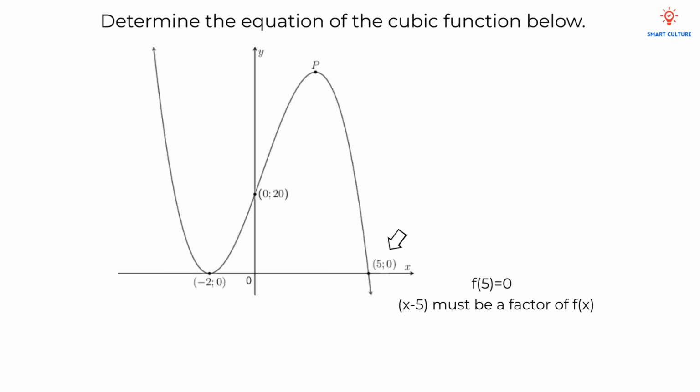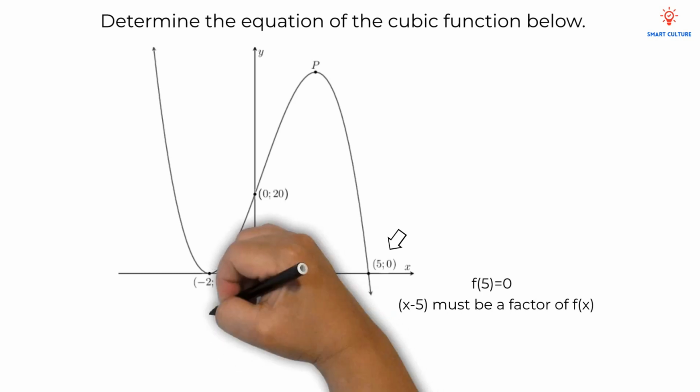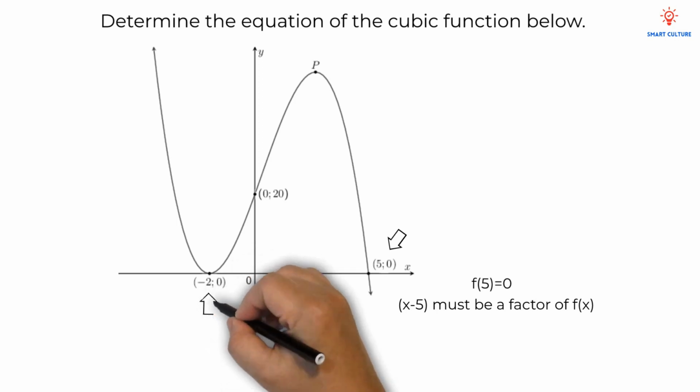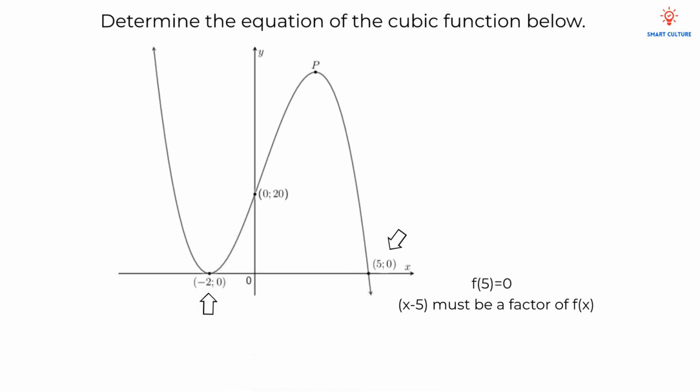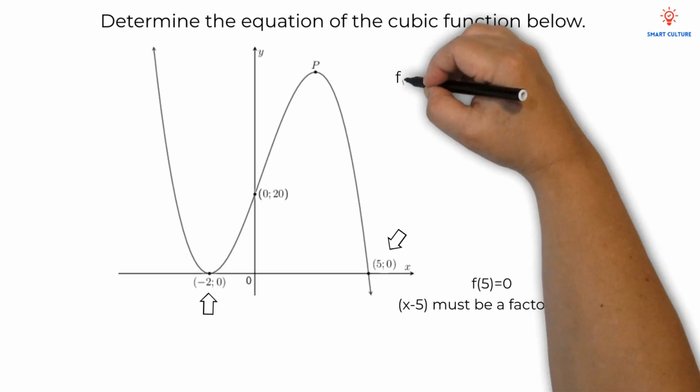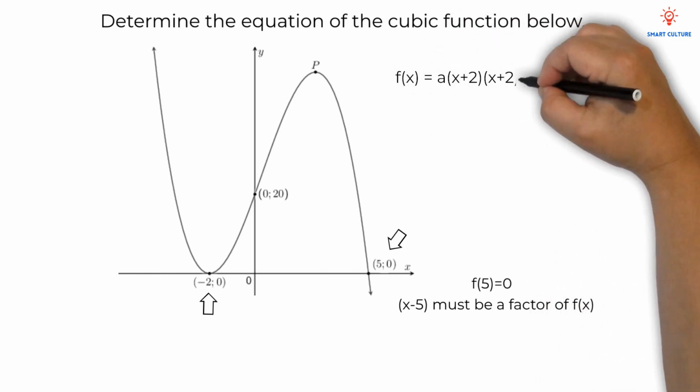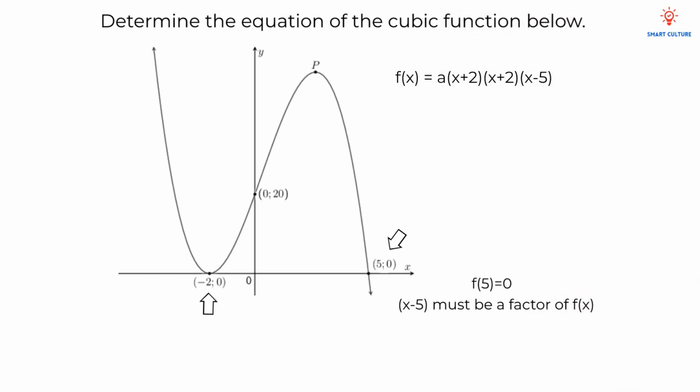When one of the intercepts is also a turning point, it means that two of the roots are equal to each other. So with the roots x = -2, x = -2, and x = 5, we can write the following: f(x) = a(x + 2)(x + 2)(x - 5).